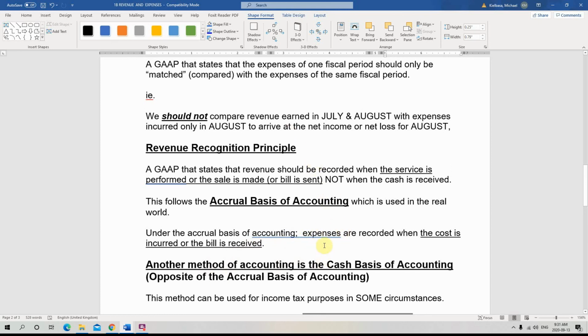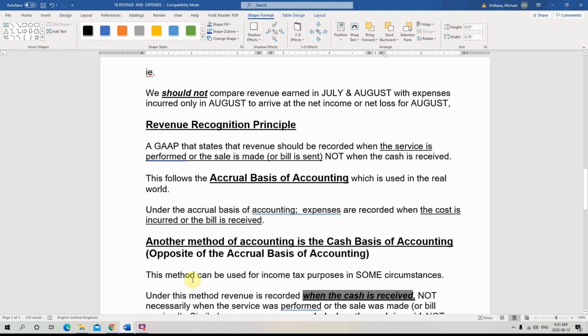Now what you have to understand is there is another basis of accounting. It's called the cash basis of accounting. And under the cash basis of accounting, it's opposite. So it's got everything to do with cash, not necessarily when the work is performed. Okay? So under the cash basis of accounting, this method can be used for income tax purposes in some cases.